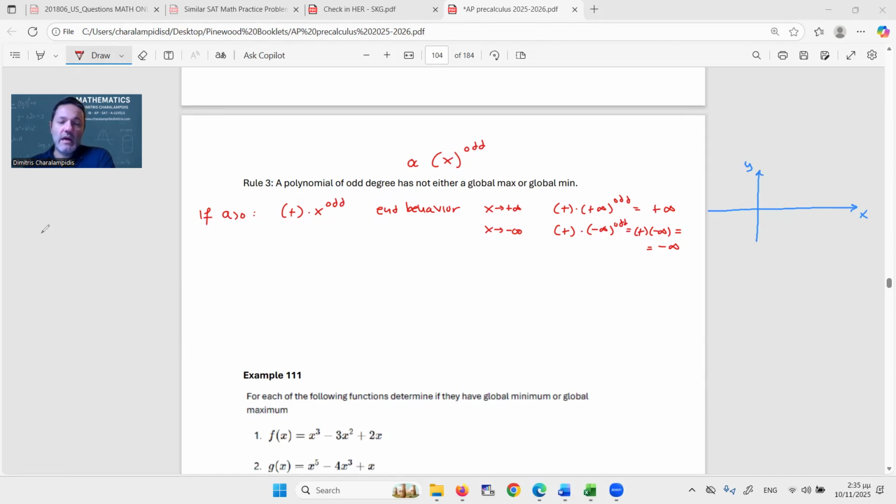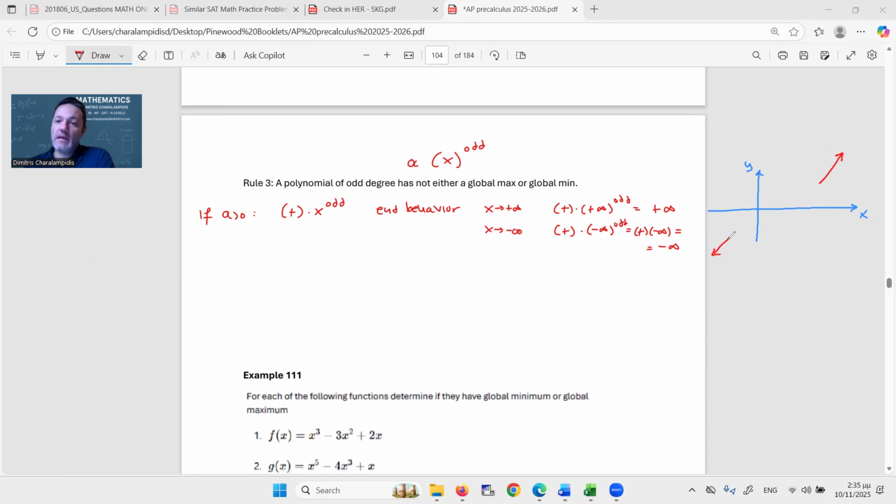And if I want to draw a graph that could represent this information, it would look like this. So as we extend to the right end, it should move upwards without ending, so plus infinity. And as we move to the left end, it should approach minus infinity.